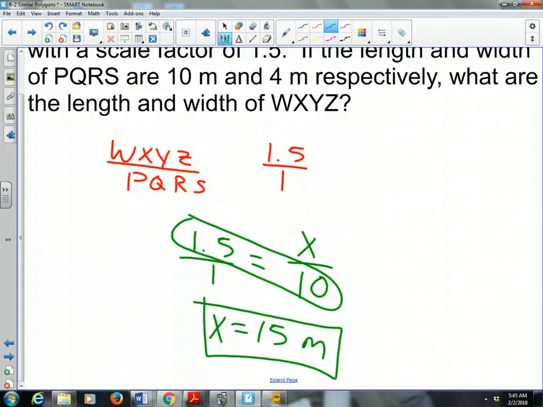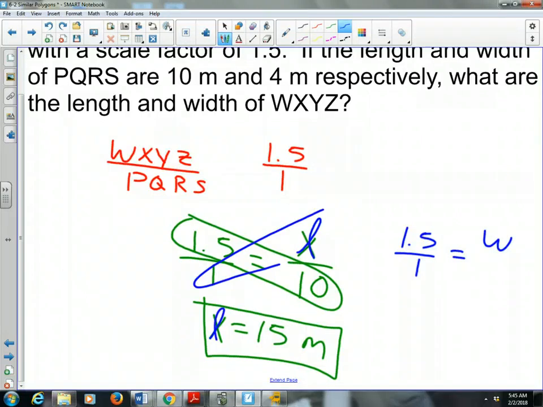We can also do the same thing with the width. If the scale factor is 1.5 to 1, we want to know what the width is. Maybe I should call this W. I should have called this L. And when I take length times 1, you just get length, right? So 1.5 is to 1 as the width is to 4, the width of PQRS.